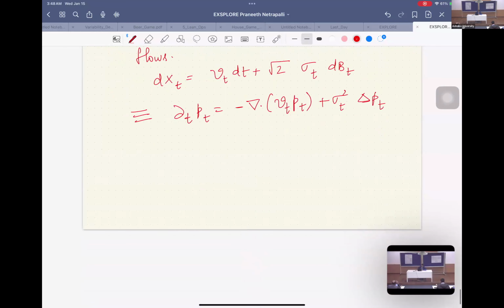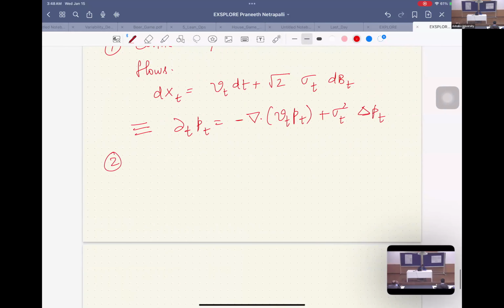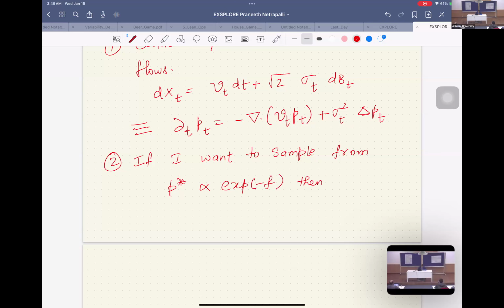So how are we going to use this? The second thing will be: if I want to sample from P star proportional to exp of minus f, then what should vt be?